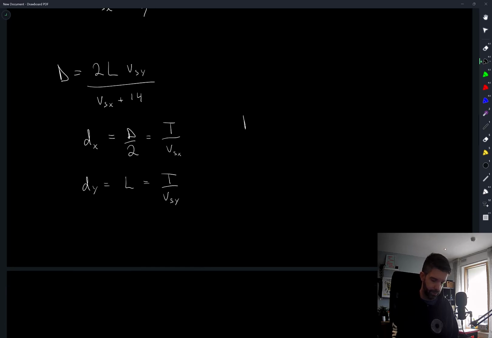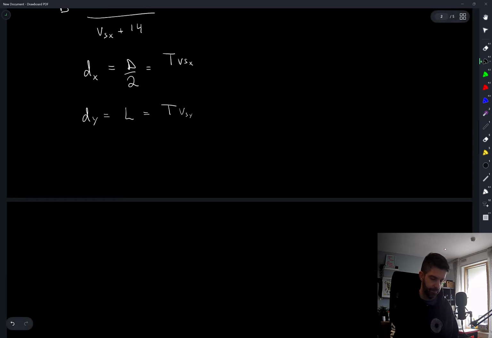So this says that d times Vsx over 2, wait, multiply these together, not divide. So if the times are equal, then d over 2 Vsx is equal to L over Vsy.